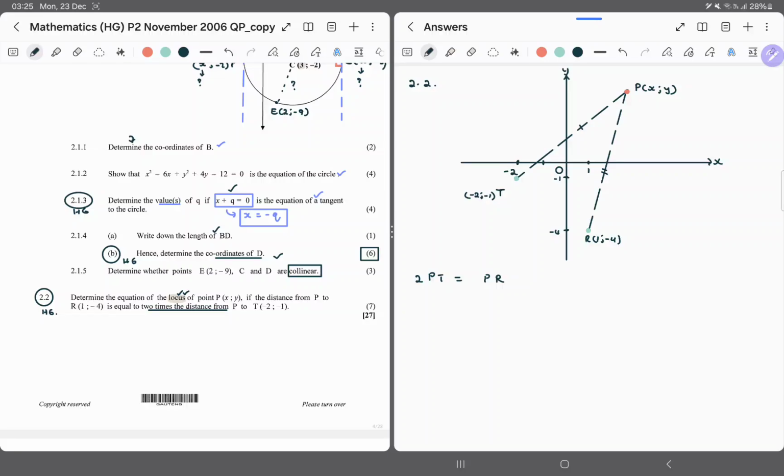So be very careful. Now remember, we don't want stories here. We can square this thing, because if we start doing other things, we will suffer. So this implies we have 4 times PT squared.